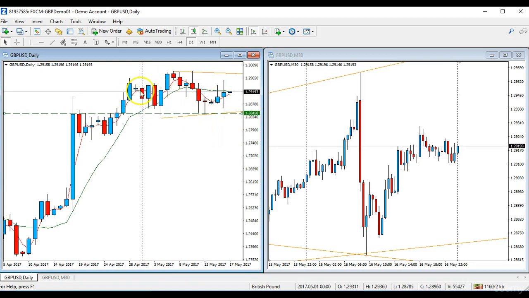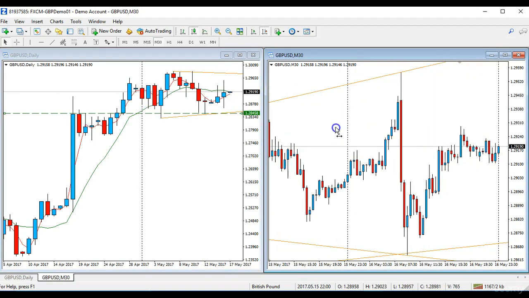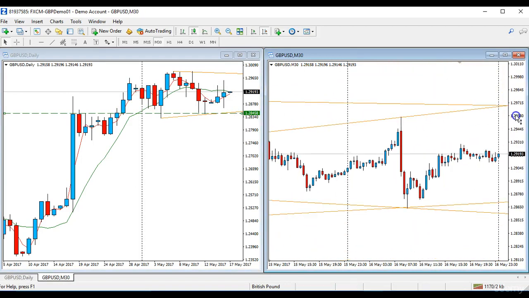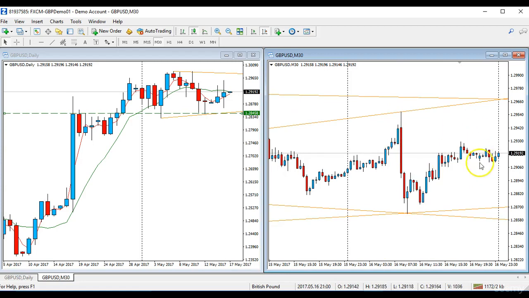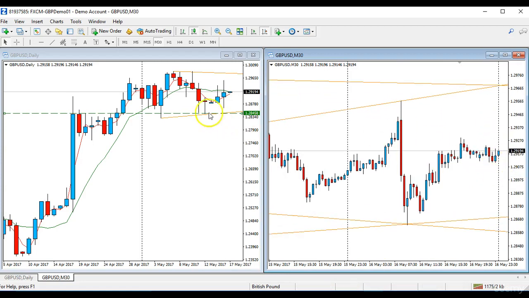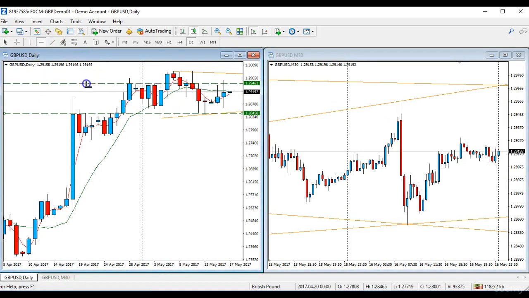So we can see that these daily candles for basically the whole of May have just been moving sideways. So when we do our trading on the lower time frames, we see what's happening here and start putting in our levels.